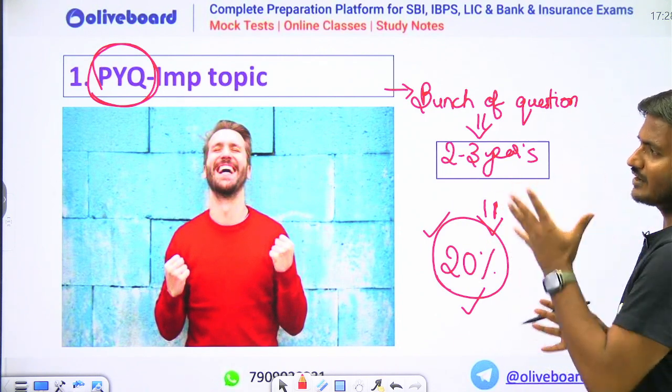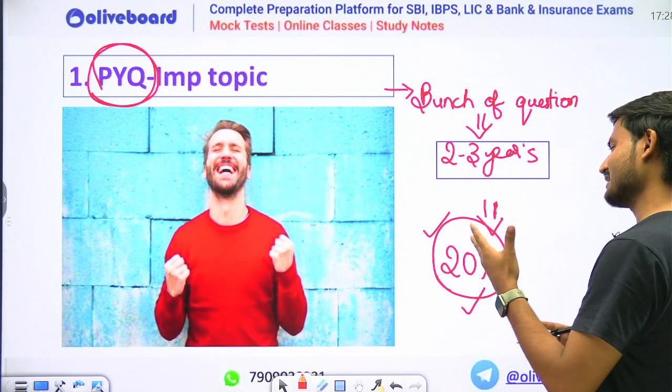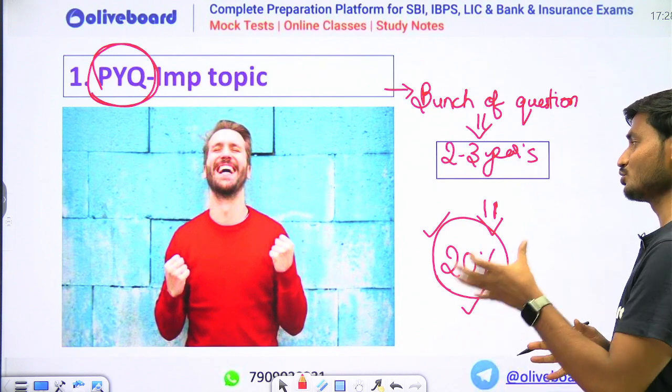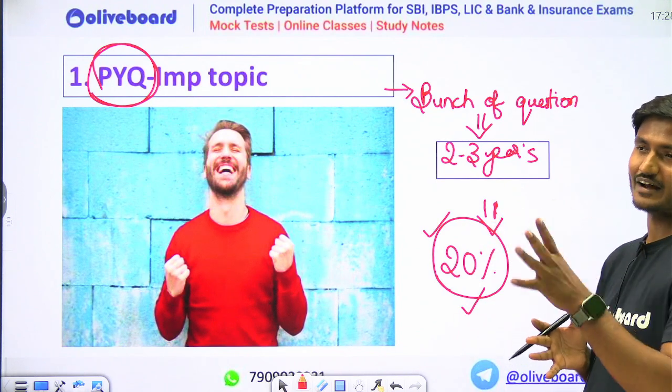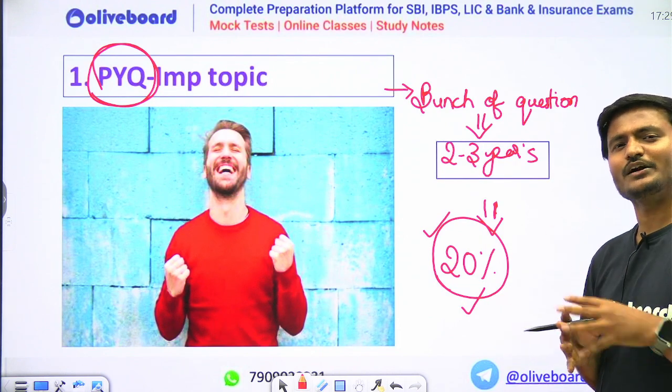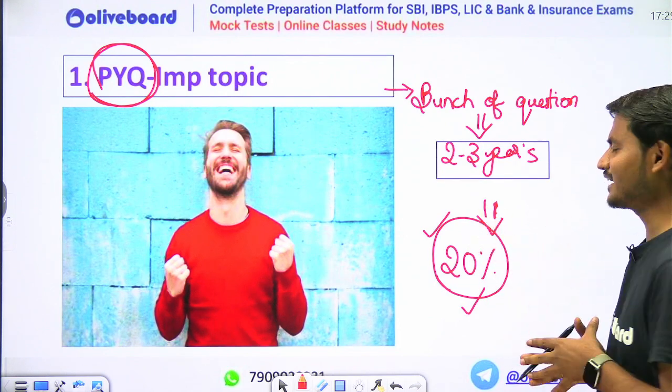Everyone tells you to learn PYQs, but I am telling you to learn first of all the most important questions. And how will you find which are the most important questions? जो questions लगातार repeat हो रहे हैं उनका जो strength होता है that is 20%.